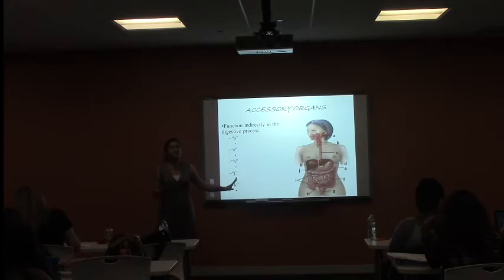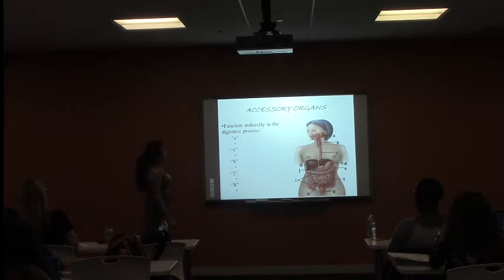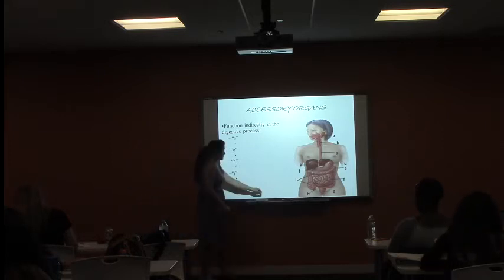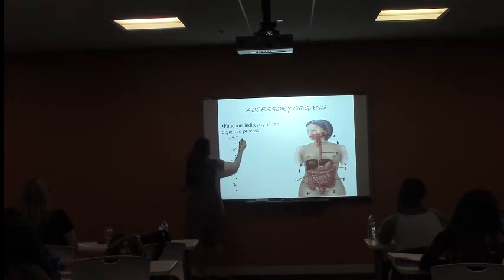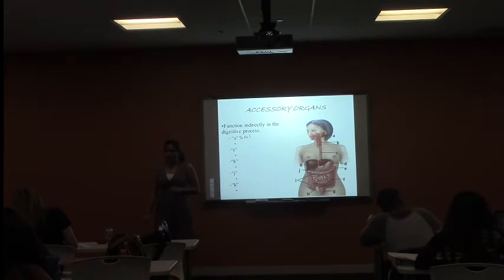How? Because they secrete substances which are needed for digestion. Does that make sense? So A, in the image, is salivary glands. The function of the salivary glands is to secrete saliva.